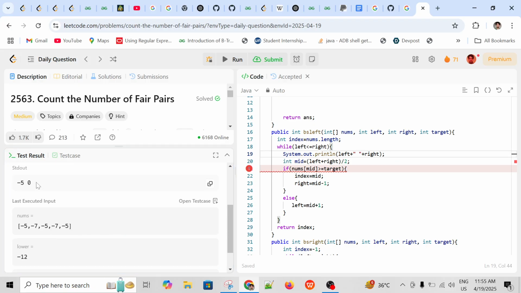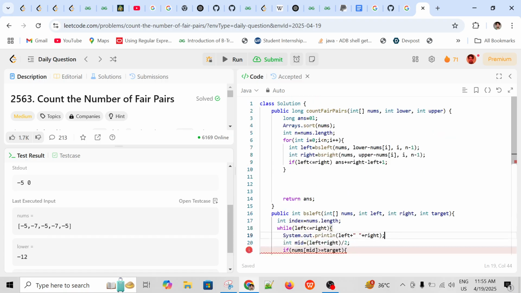From -5 to 0? Sorry. These two are the index, so that's why it is happening.